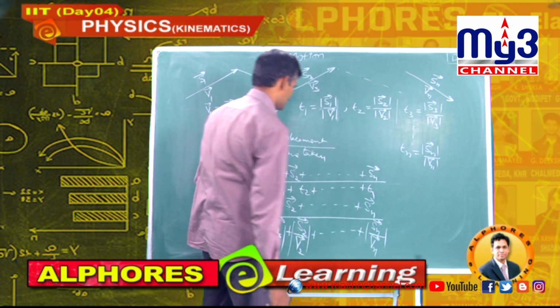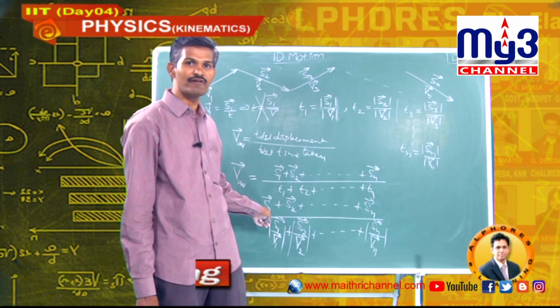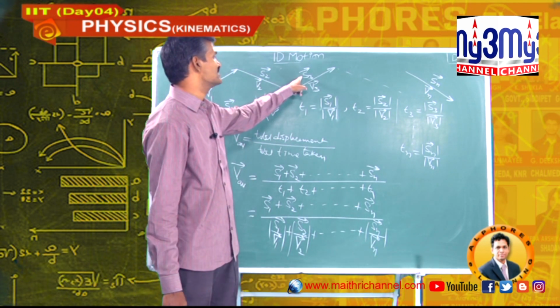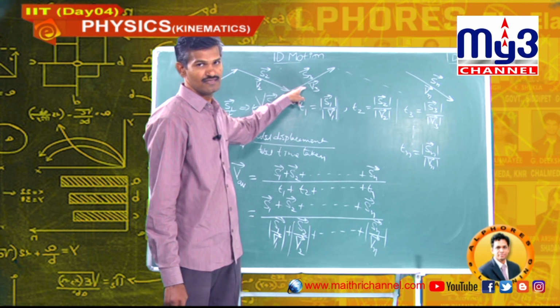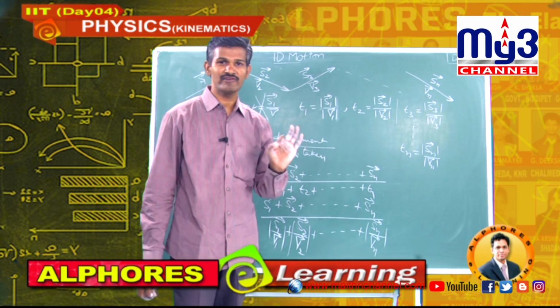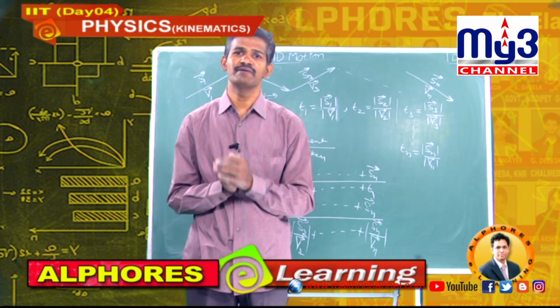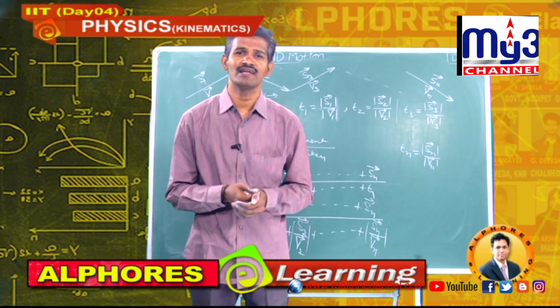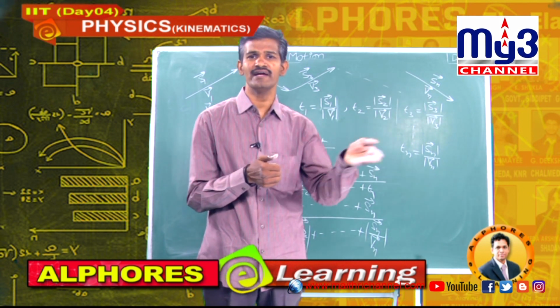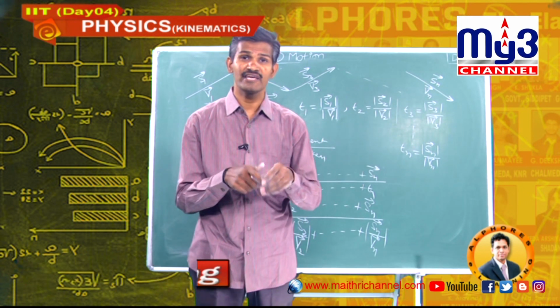Like this, we can calculate the average velocity if displacement and velocity vectors are given. Okay, these are three different methods to calculate average velocity. They may give displacement and time. In such a case, average velocity is S1 bar plus S2 bar plus S3 bar by T1 plus T2 plus T3. They may give velocity and times.